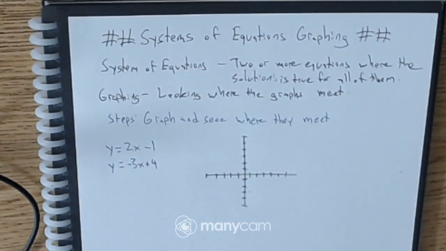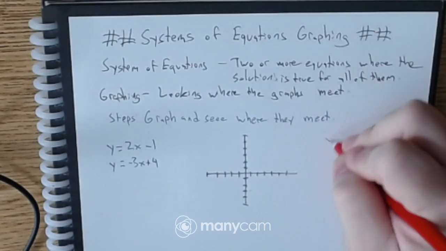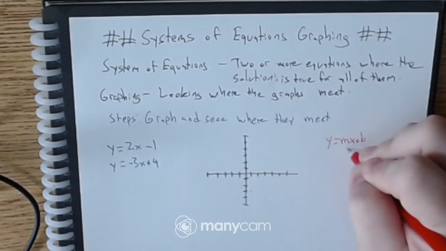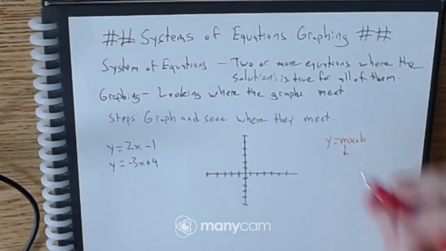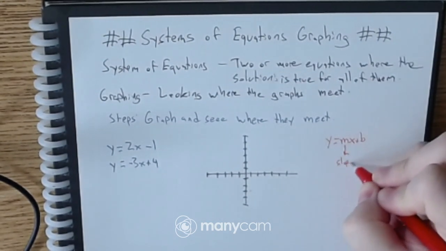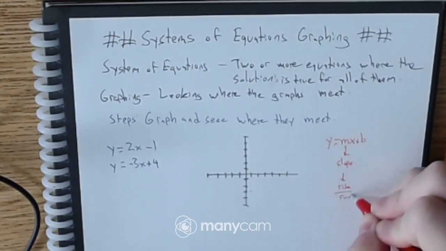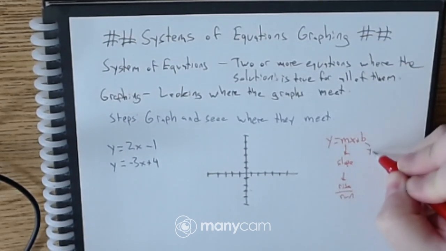So, in case you forgot, y equals mx plus b. M is slope, which is rise over run. B is the y-intercept.